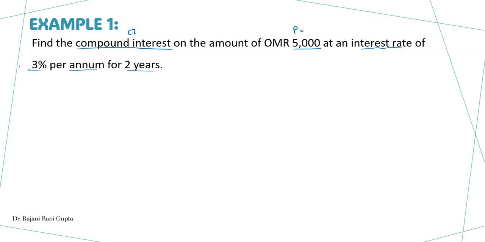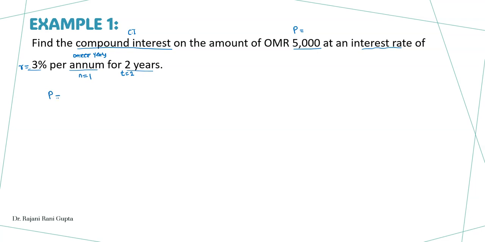Interest rate means your value of R is 3%, which is calculated per annum, meaning once a year, or you can say yearly. So it means N is equal to 1, for 2 years. So T is 2.